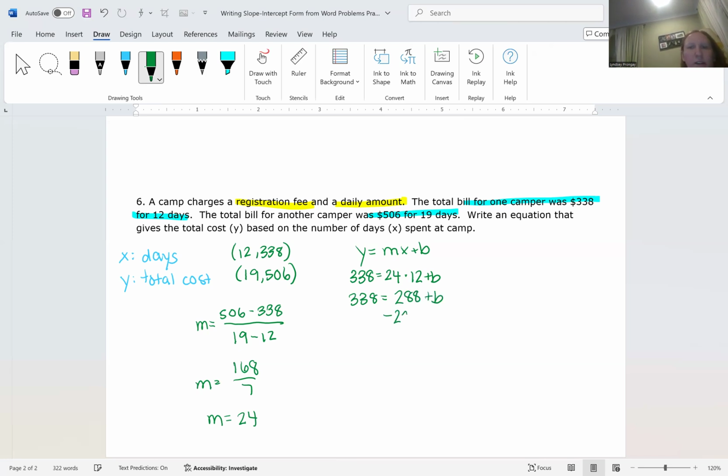And now I can subtract 288 from both sides and find that b is 50. So final answer, the 24, that's how much it is per day. Because think about it, if we do this slope here, it was costs over days. So we know it's the cost per day. So it's going to be y equals 24x plus that $50 registration fee.